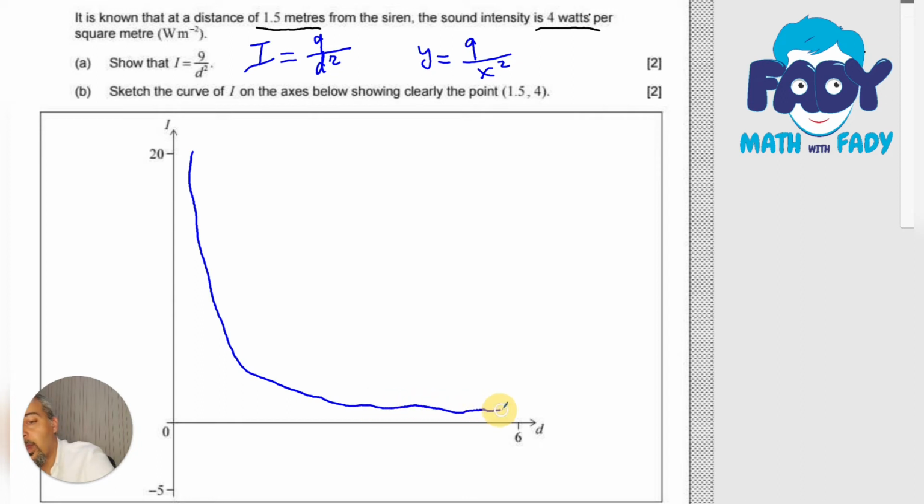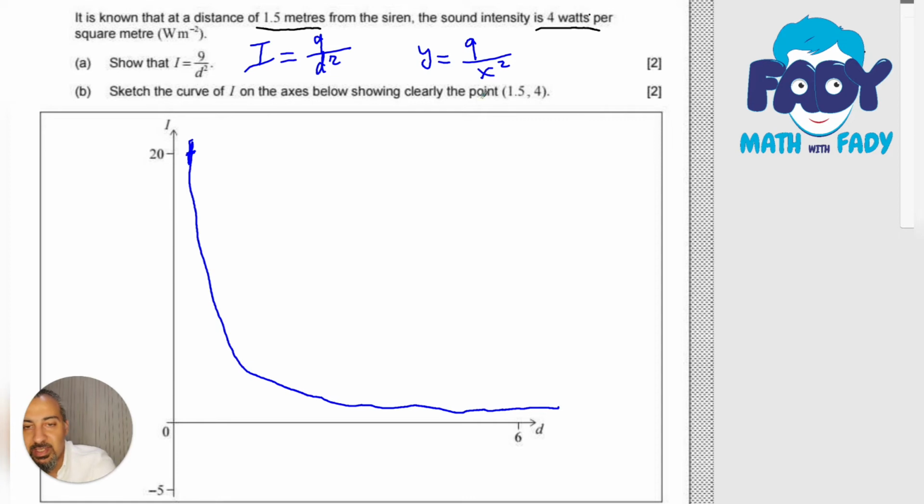We can see that we should start from here or above and go down towards 6. And of course our graph continues after 6 here, and it will be above 20 on the y-axis. And it's concave up.